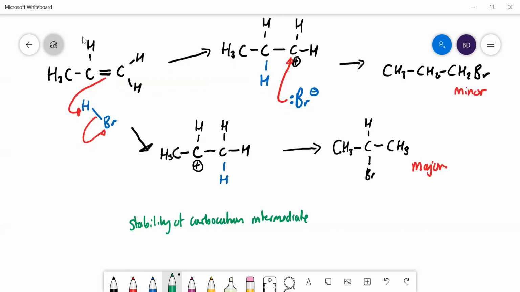This one is called a secondary carbocation, and this one is called a primary carbocation.